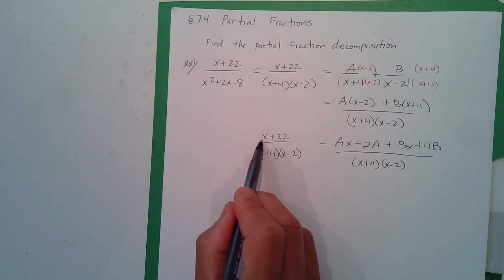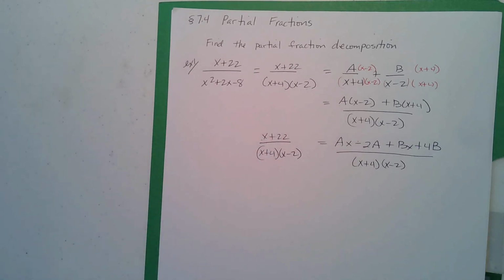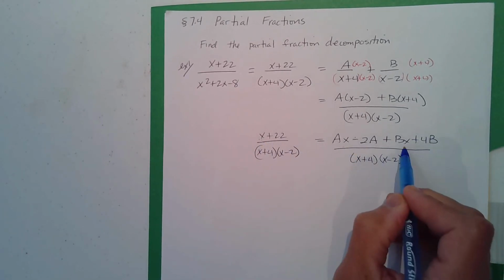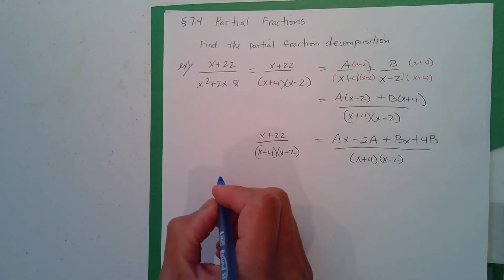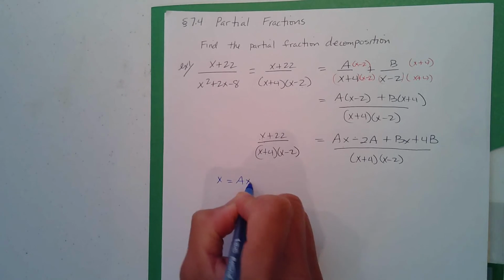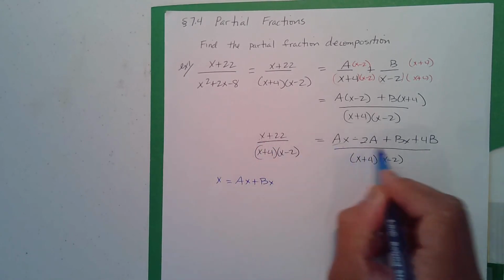So here we have an x, a linear term. Here is a linear, linear, linear, so I'm going to group them together. This is going to equal x equals Ax plus Bx.